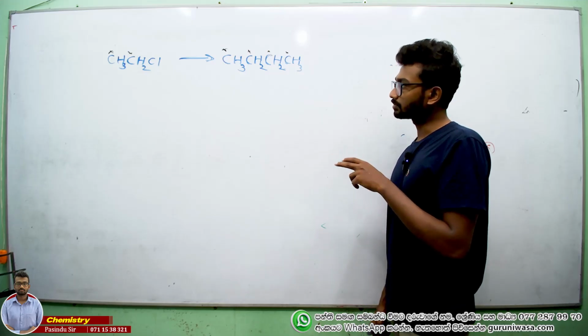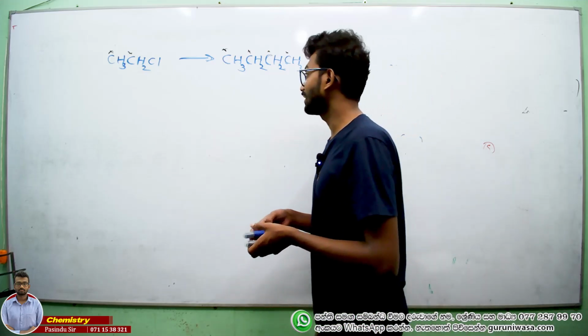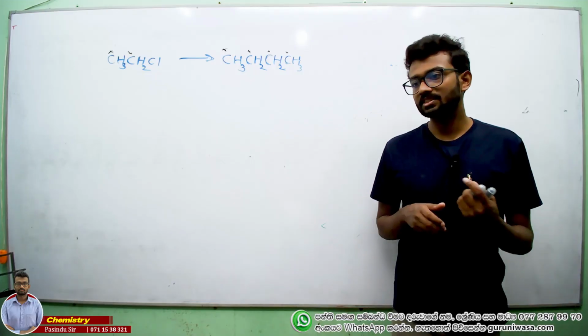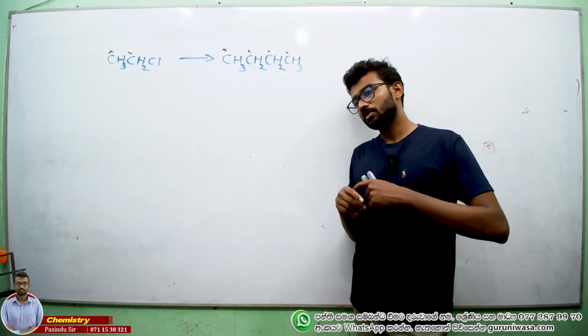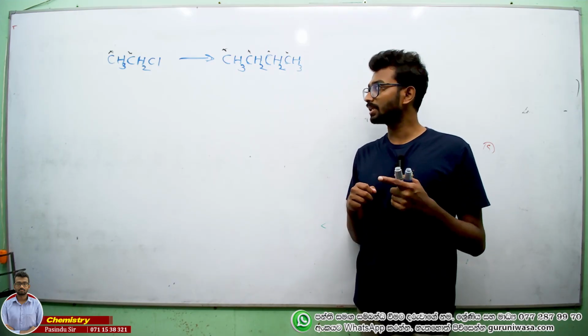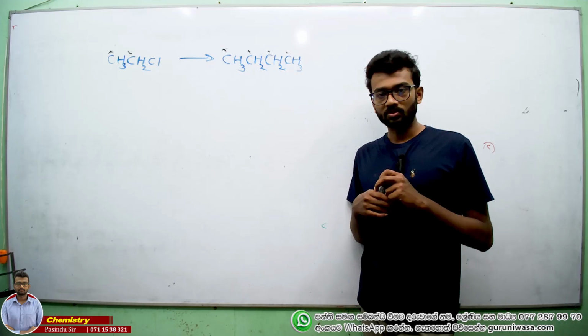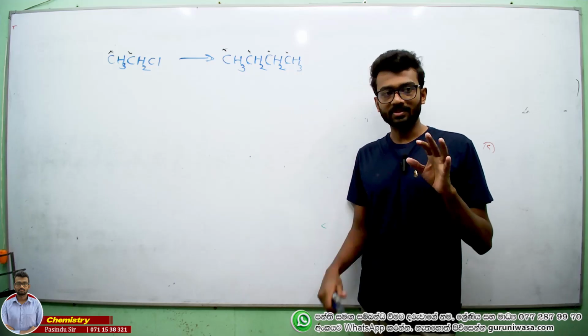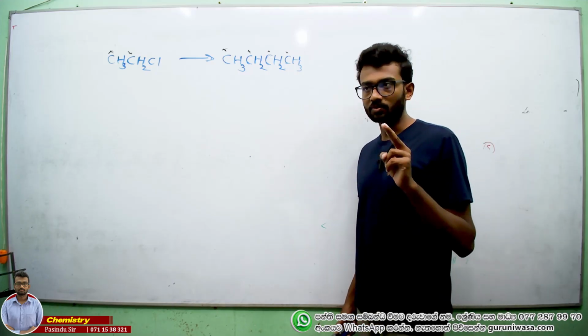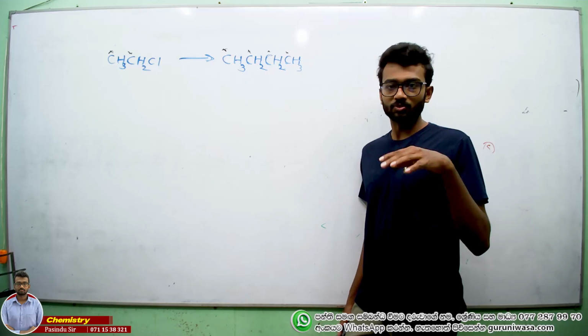Here, this is a halide. If you have a halide, what is the easiest way to increase the number of carbons? Alkyl halide. I explained a few methods to increase the number of carbons. There are two methods we usually use.